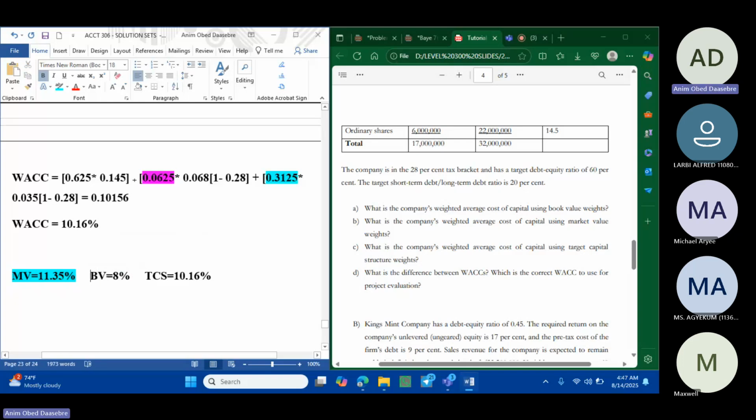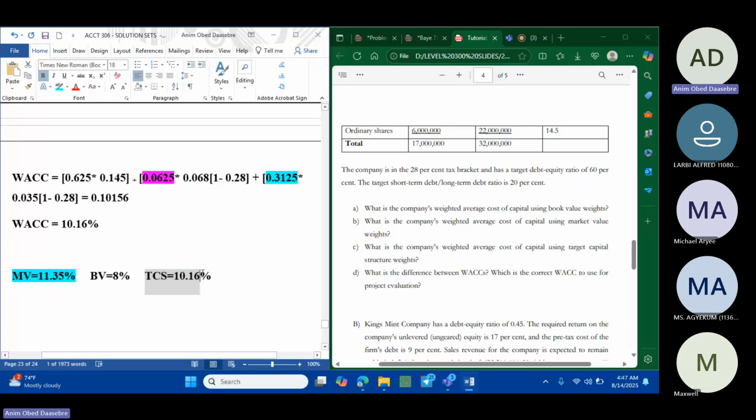As well as the target capital structure, it's also subjective. It's something we are planning towards. We are targeting that our debt to equity ratio should be 60%. It could change. You cannot get the actual 60% that the company is planning.